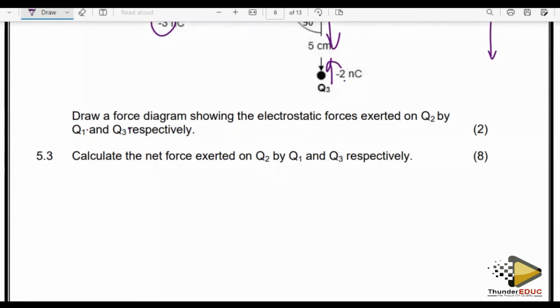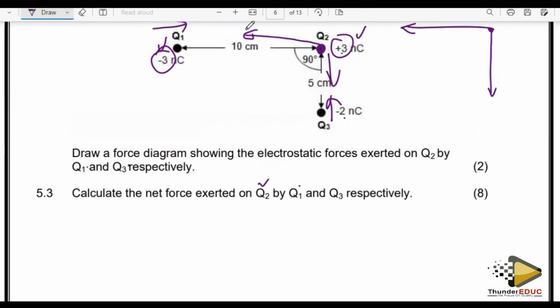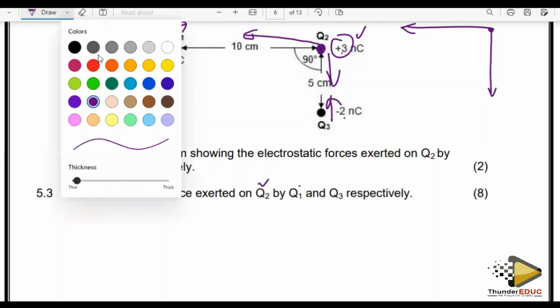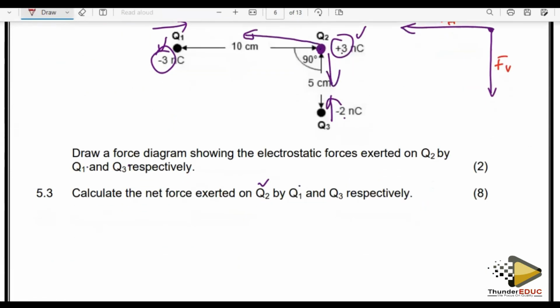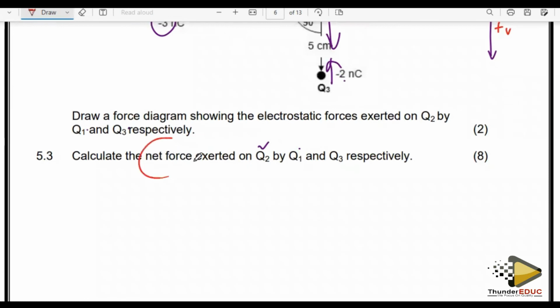Then calculate the net force as a result of that. Since we drew our force diagram into the horizontal and the vertical, I need to find those forces. If I can find the net result on this, the horizontal force is kQ1Q over R squared.